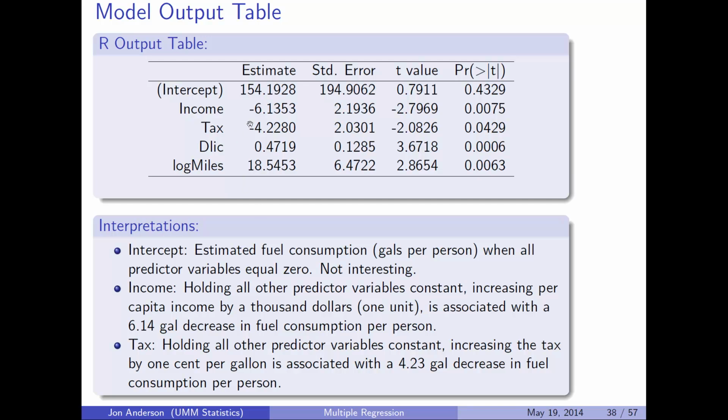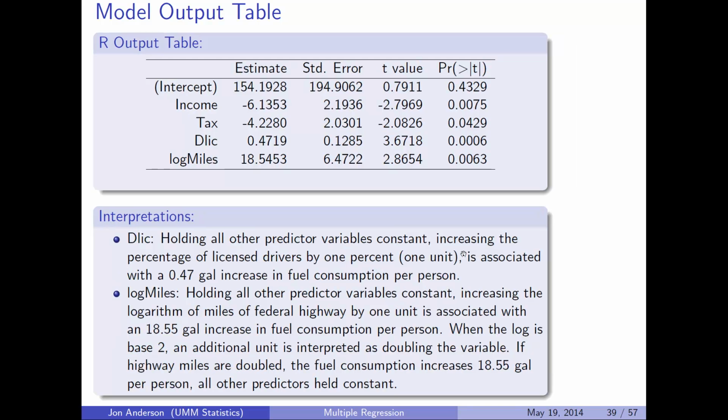For tax, if we increase the gasoline tax by a cent per gallon, we would associate that with a 4.25 gallon decrease in fuel consumption per person, holding all the other predictors constant.